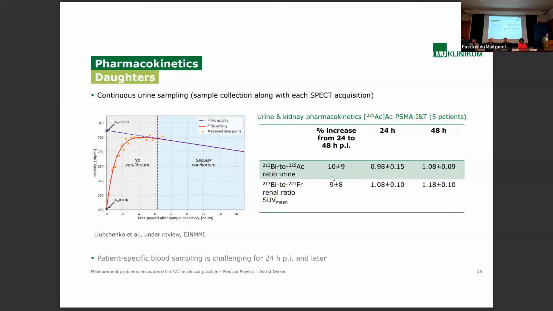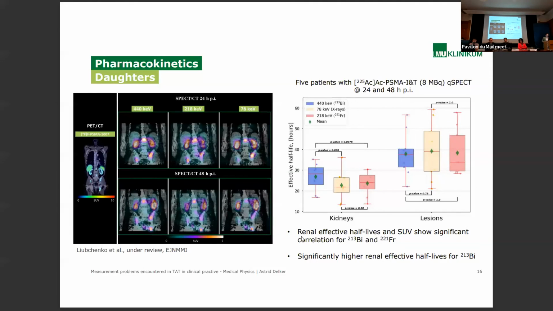And interestingly, this observed increase from 24 to 48 hours in the urine was also found in the image data when we compared the bismuth to francium renal SUV mean ratio. So here we have also an increase of approximately 10%. Analyzing the image data further, we found that the renal effective half-lives and SUVs show a significant correlation for bismuth and francium.